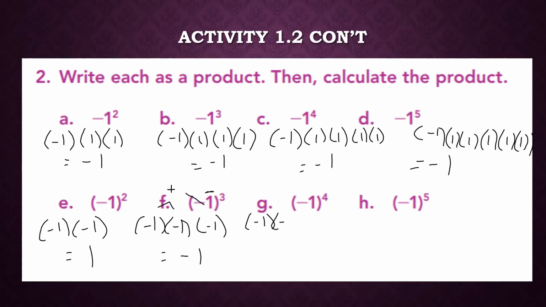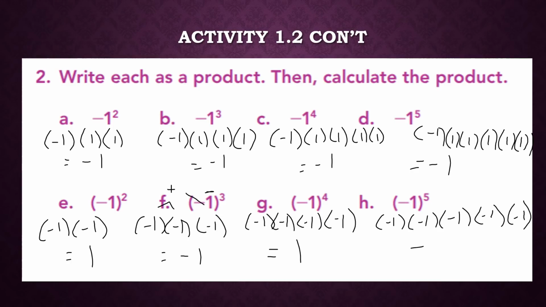So we're multiplying -1 by itself 4 times. Negative times a negative is positive. A positive times a negative is negative. Negative times a negative is positive. So +1. And then letter H. You get -1.